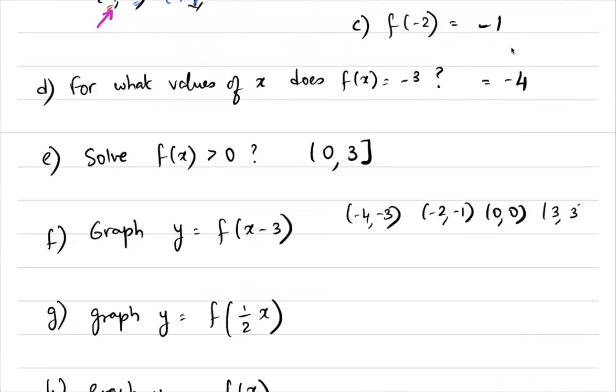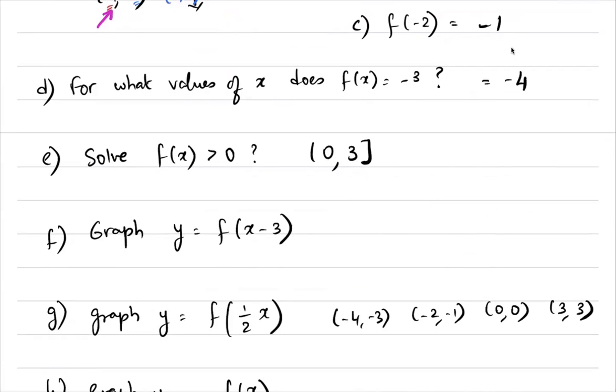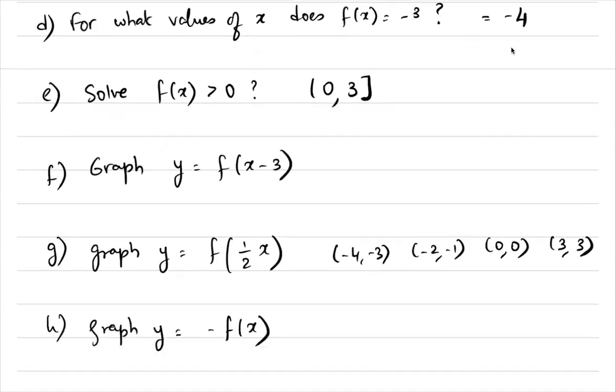Now I'm going to take every x value and divide that by 1/2. And then nothing is going to happen to the y values. Dividing by half is the same as multiplying by 2. So this becomes -8, -3, -4, -1, 0, 0, and 6, 3.